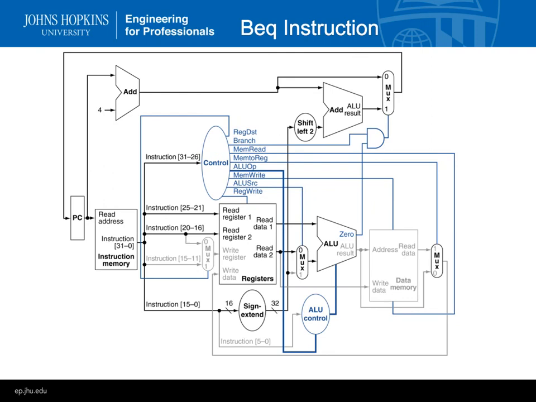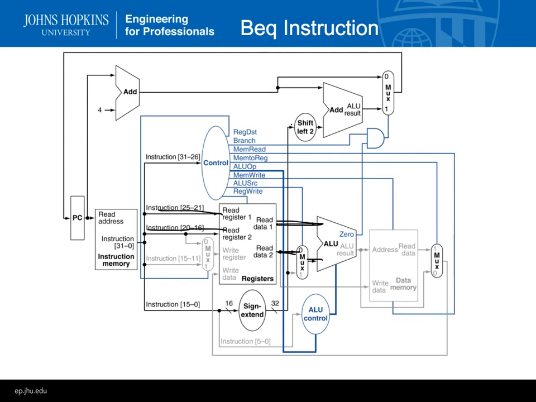Branch on equal. Here I'm going to add 4, but I'm also going to get the result of my operation to figure out what the next instruction is. I get that by reading the 2 registers. The inputs to the ALU are the 2 register values.